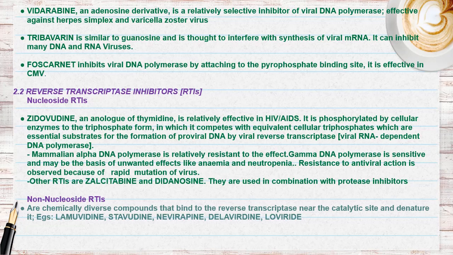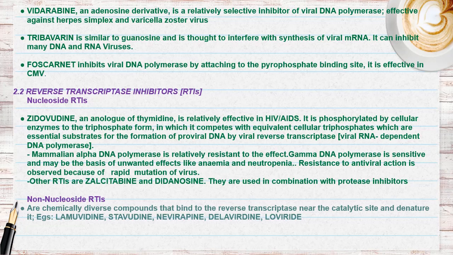What this drug does is, it gets phosphorylated by cellular enzymes to its triphosphate form, in which it competes with equivalent cellular triphosphates, which are essential substrates for the formation of proviral DNA by the enzyme viral reverse transcriptase, that is, viral RNA dependent DNA polymerase.